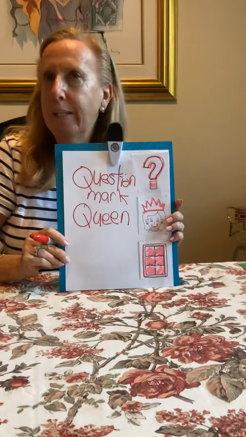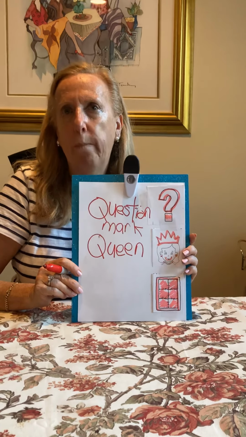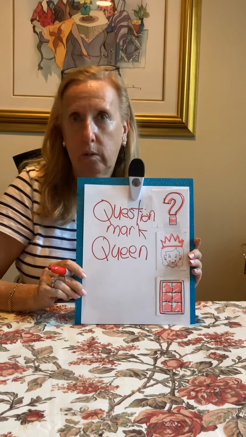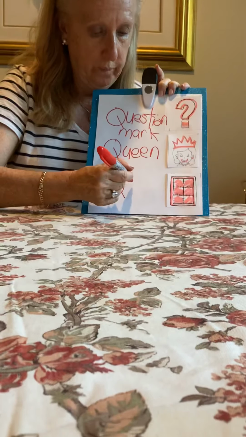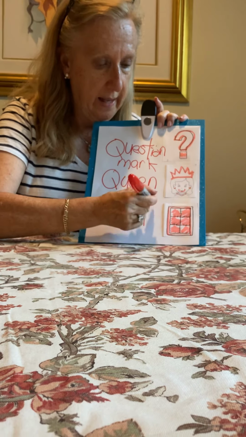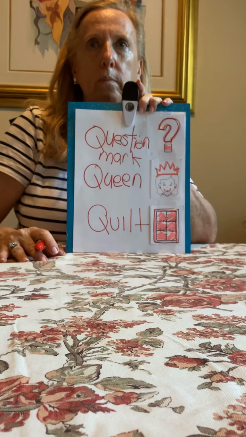It's not a blanket, but blanket starts with a B, but it is called a quilt. A quilt is a form of a blanket. So let's write quilt. Q, U, I, L, T, quilt.